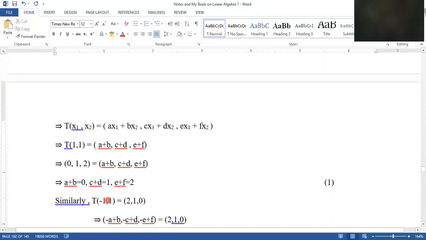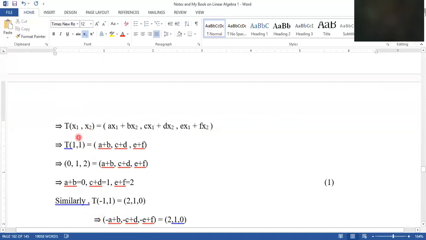So we get -a + b, and this should not be x3, it must be x1, so -c, and if you put -1, that's -e + f, and this is equivalent to this one.